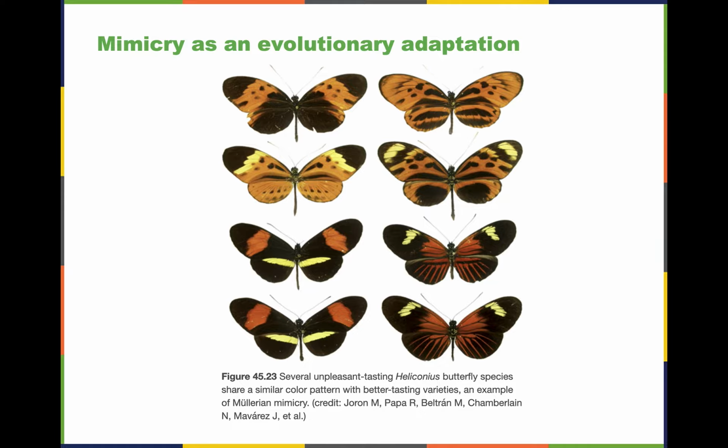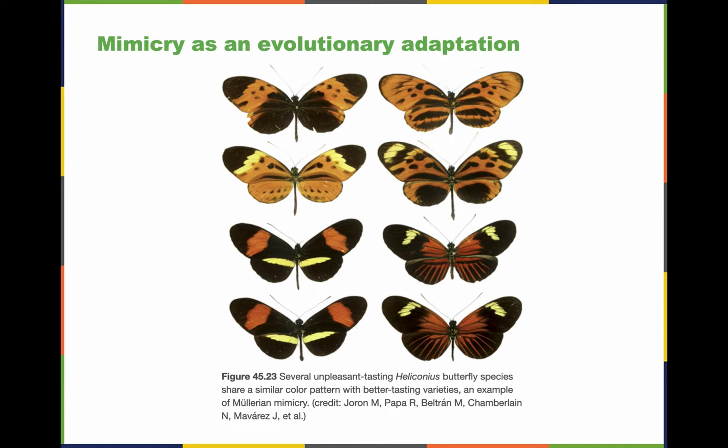And then there are other types of organisms, let's say these butterflies, that don't have those properties, but their defense is copying the coloration pattern of the members of the population that are actually poisonous or bad tasting.